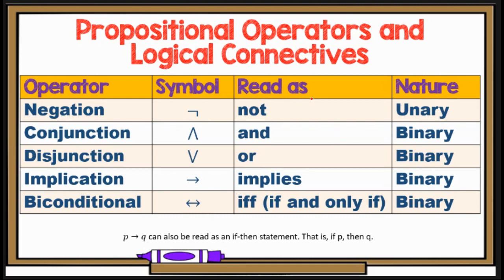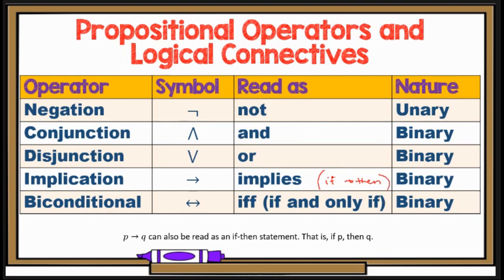Now, how do we read the operators? So for the negation, it is read as not. For the conjunction, it is read as and. For the disjunction, it is or. For implication, implies. Sometimes, you will encounter sentences in the if-then form.